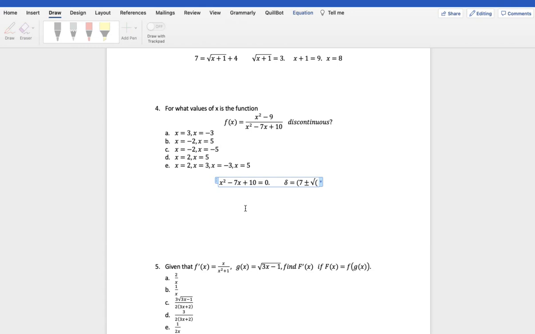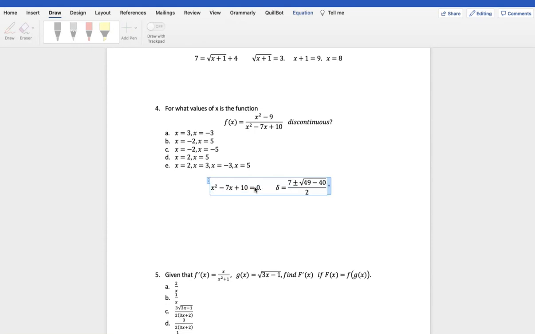So b squared is 7 squared, which is 49, minus 4 times 1 times 10, which is 40, right? All of that divided by 2a, which is 2 times 1, so divided by 2. And here you get two values, right? If you look at the positive option first, 7 plus the square root of 49 minus 40, which is 9, so the square root of 9, which is 3. So 7 plus 3 over 2, which is 10 over 2, so that's 5.